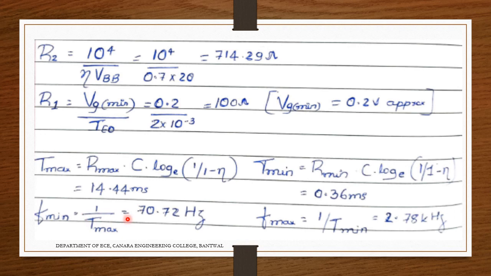F minimum is 1 by T max, which is 1 by 14.44 millisecond, equal to 70.72 hertz. F max is 1 by T minimum, 1 by 0.36 milli, equal to 2.78 kilohertz.